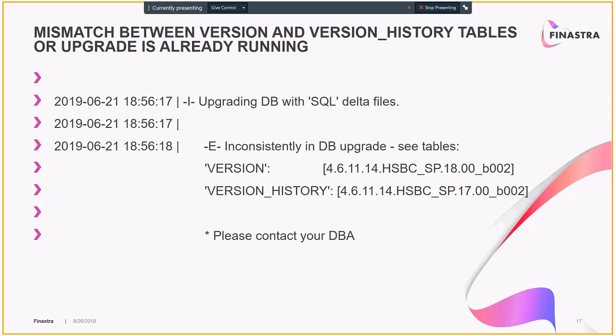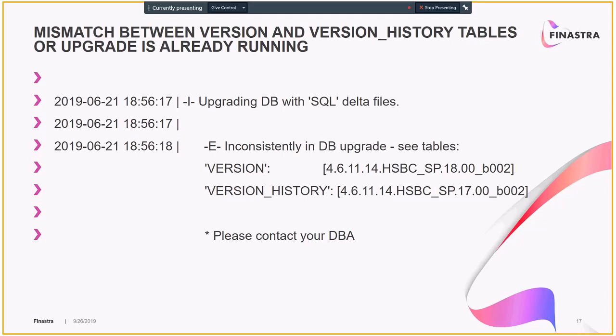And many times while running the upgrade, the upgrade was aborted due to some reason. In that case, there is a possibility that the version and the latest row in the version history table do not match the same version, right? Getting my point? The latest row in version history and the exact version in the version table should always match.